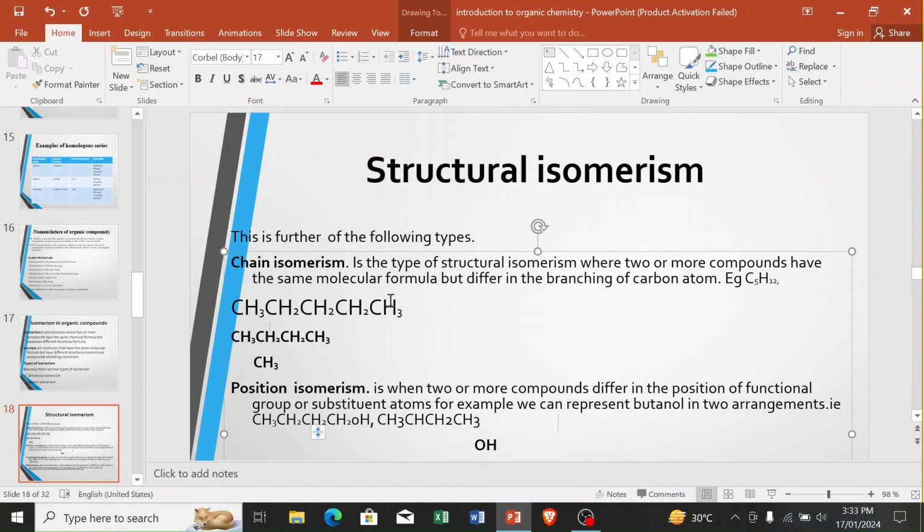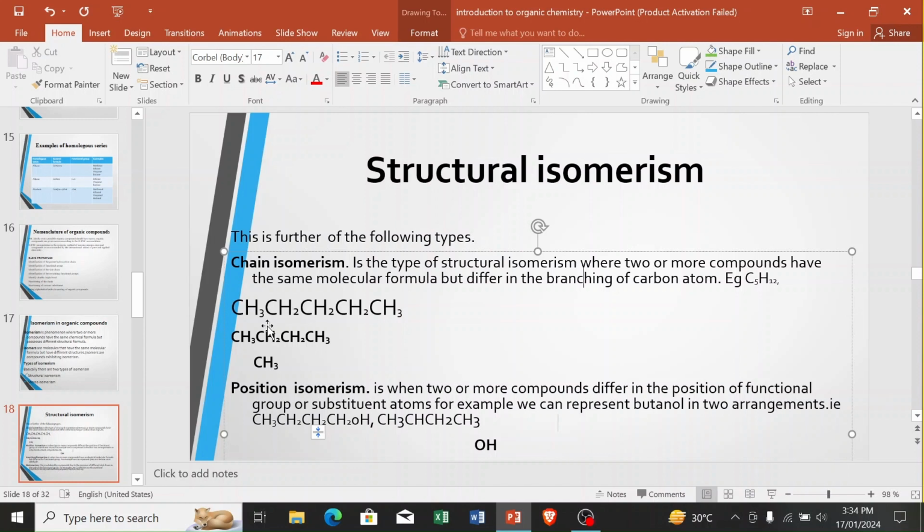Pent is for a pentagon, a 5-sided polygon, and ANE is the suffix that we use while naming alkanes. So we can call this a pentane.